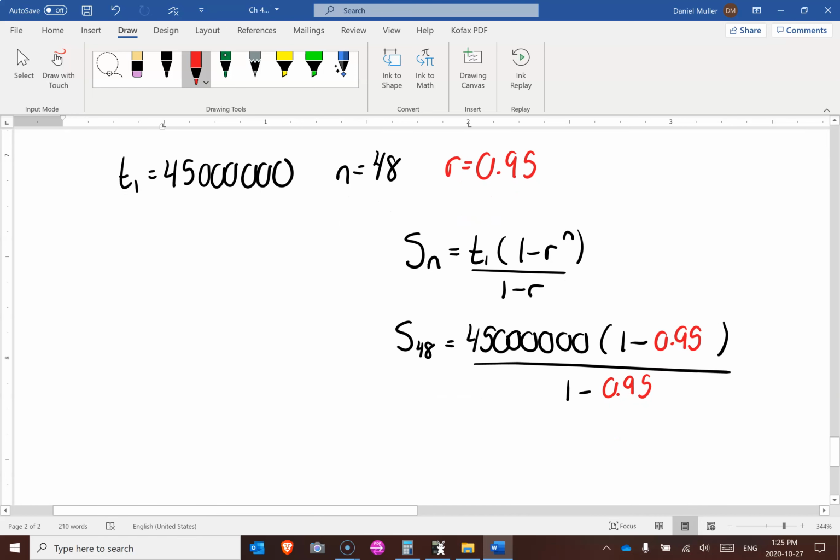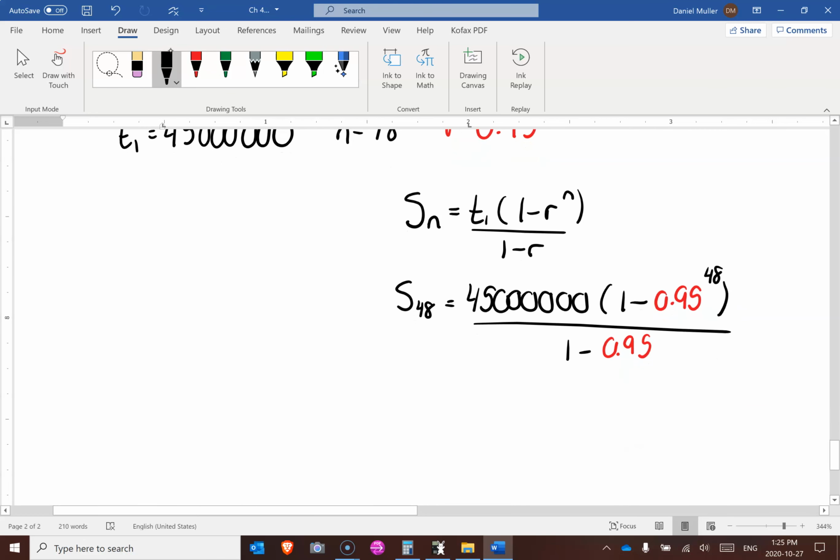Oh, and N is 48. Sorry. I don't know why I wrote N. So 48. Okay, so I'm definitely going to be putting this all into my calculator. So first of all, 1 minus 0.95 is 0.05. But I don't know what that top's going to be.